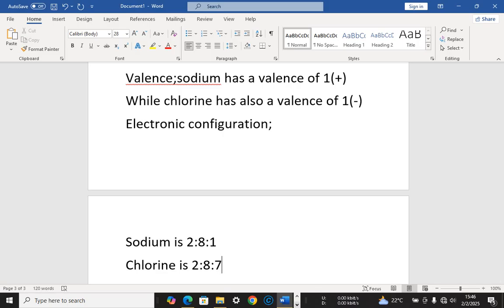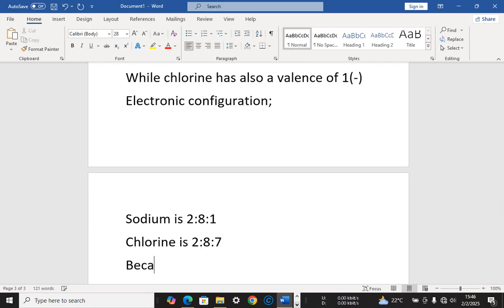So let us draw these shells and see how sodium loses its one electron and donates that electron to chlorine. At the end, why are they referred to as having noble structures, or how can they obtain that noble structure, so that the elements are called octet?